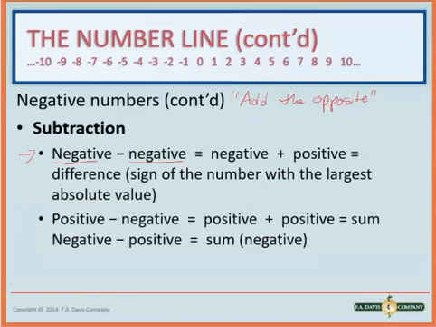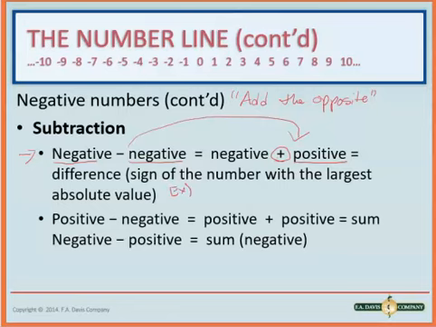If you remember this little trick, it'll help you out with subtraction of negative numbers. So if we have a negative minus a negative, if you're adding the opposite, what we're ultimately going to do is change the subtraction to an addition symbol, and we're going to change the negative to a positive.